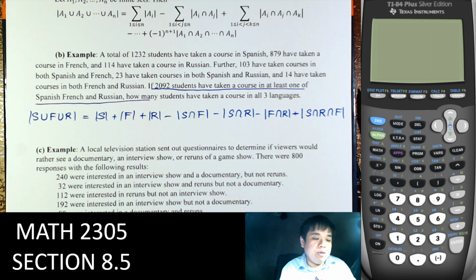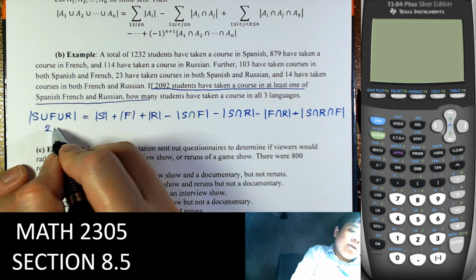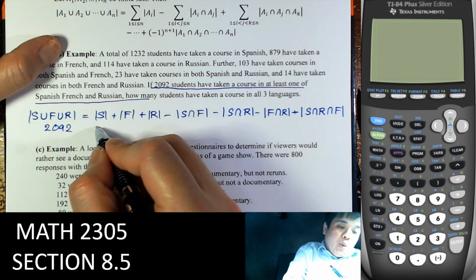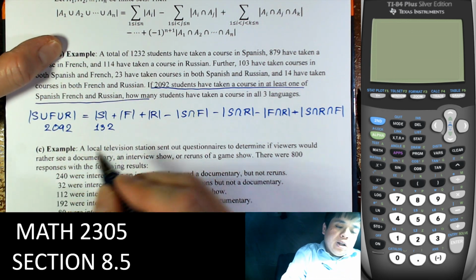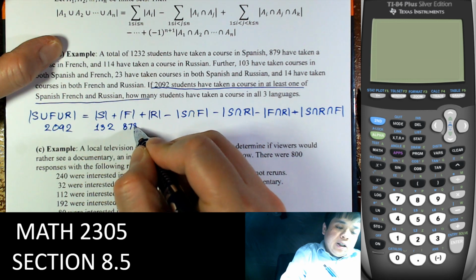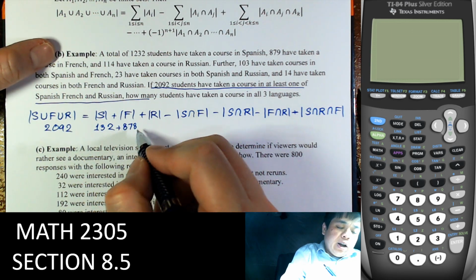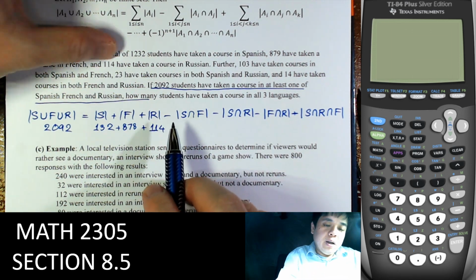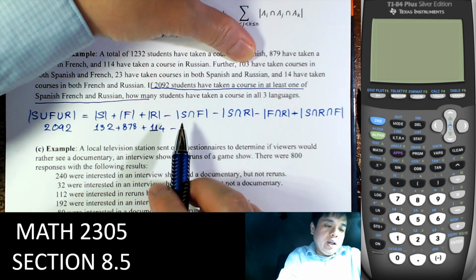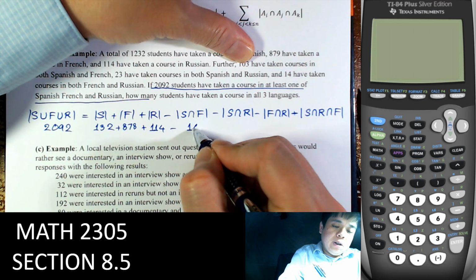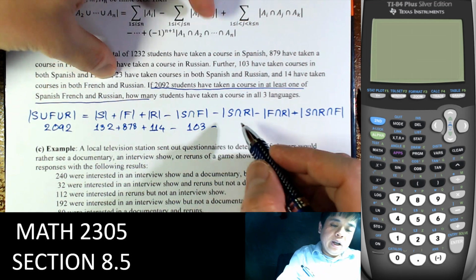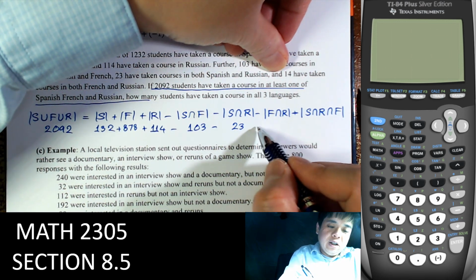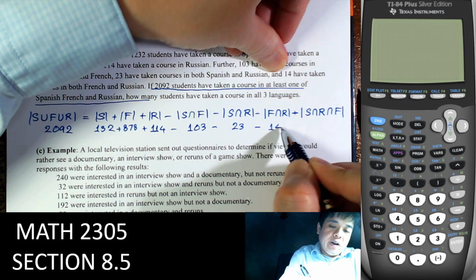Right. I'm trying to fill out everything we have. We have 2,092, and then 1,232 Spanish, 879 French, 114 Russian, 103 Spanish and French, 23 Spanish and Russian, and 14 Russian and French.